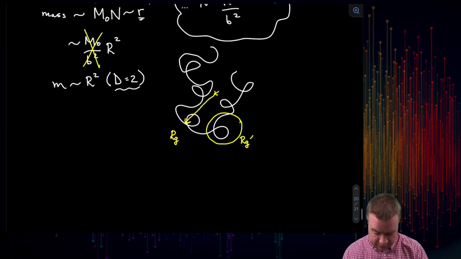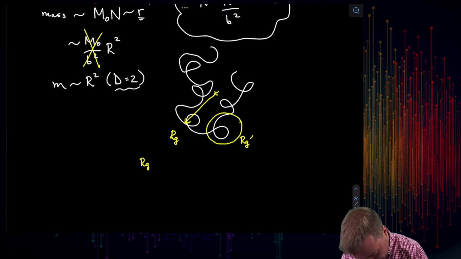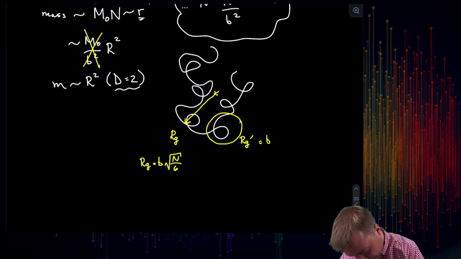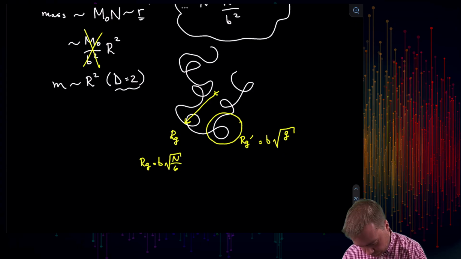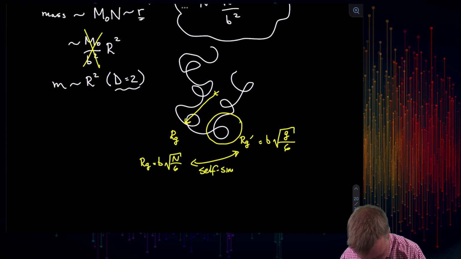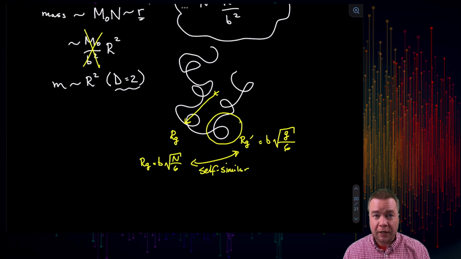This big RG is going to be equal to b times the square root of N divided by 6. This smaller RG is going to be equal to b times the square root of the number of monomers in that circle that I drew divided by 6. And so this is, again, implying that they're self-similar, and that's a property that fractals have, right?